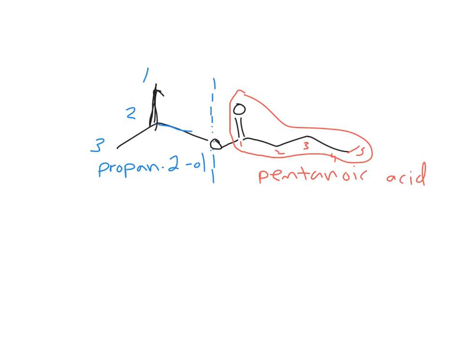So when I name the ester now, this would be propan-2-yl pentanoate. So if we do have a diagram like this, we need to split it at that O, identify which side is the double bonded O, that's our carboxylic acid side, which side does not, that's our alcohol side.